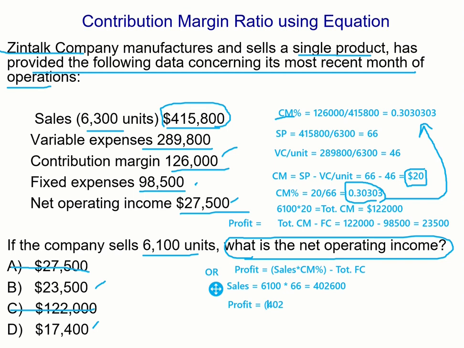If I do that, it's going to give me a contribution margin again of 122,000. So I'm using the percentage. Again, if I deduct 98,500, it's going to give me 23,500, the same answer.